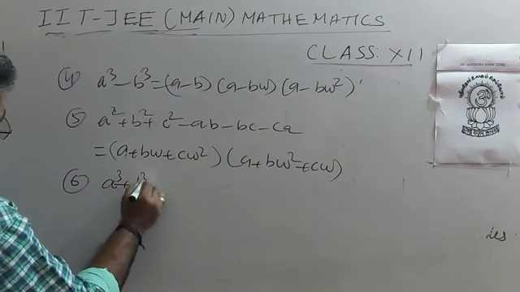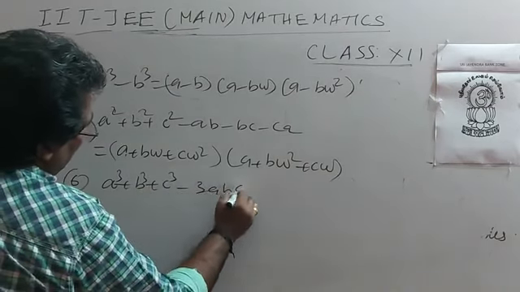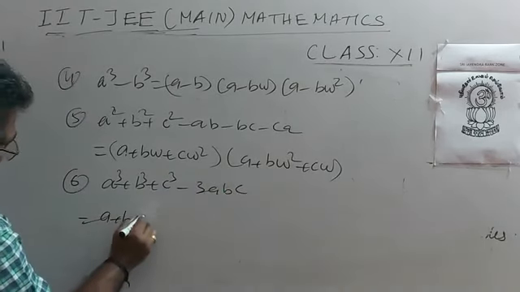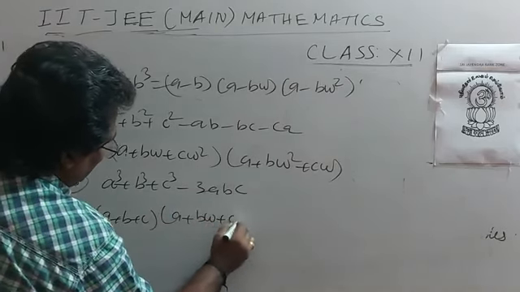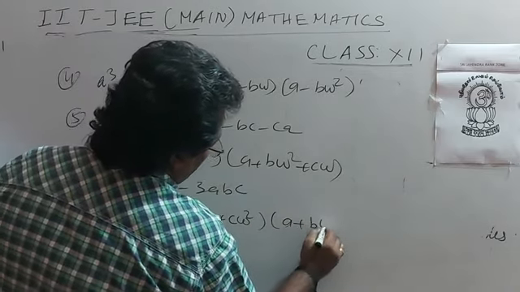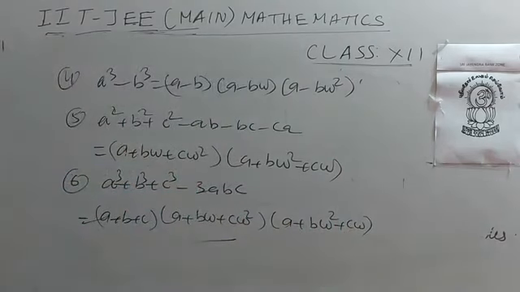A cubed plus B cubed plus C cubed minus 3ABC equals A plus B plus C into A plus B omega plus C omega squared into A plus B omega squared plus C omega.